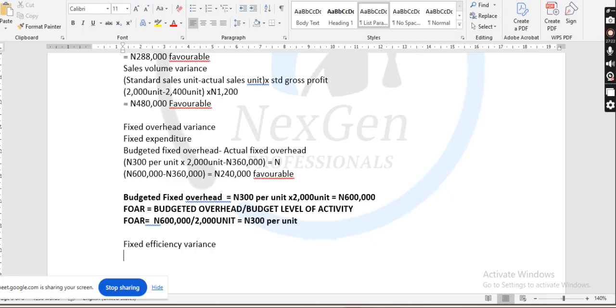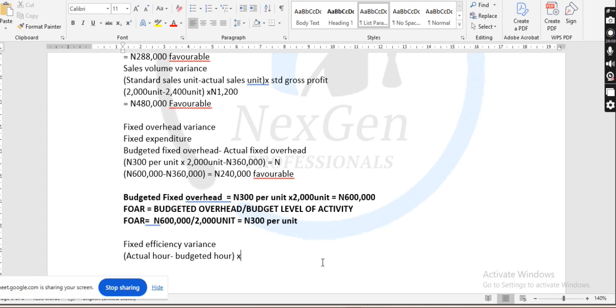Now, in this, since it is volume, we can say the actual hour minus the budgeted, which is the standard budgeted efficiency hour, times, it's supposed to be standard rates.